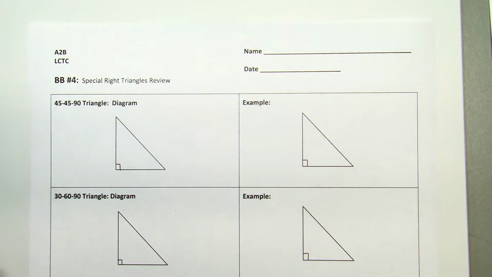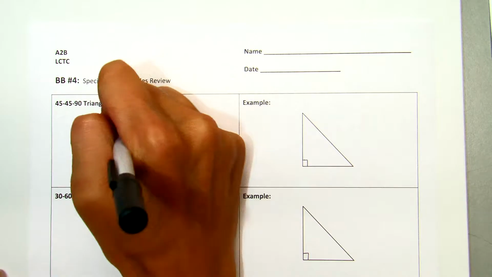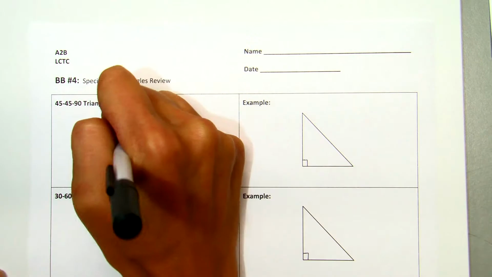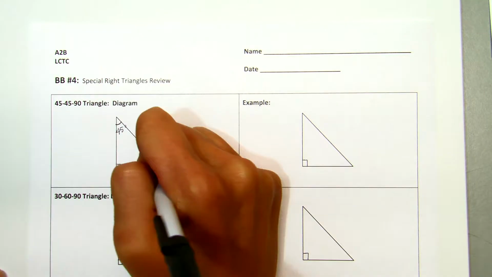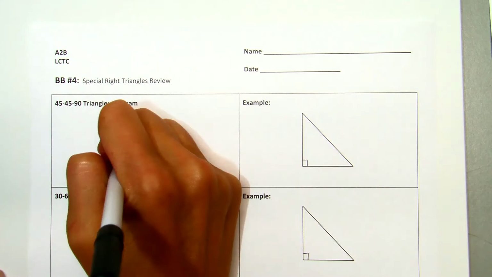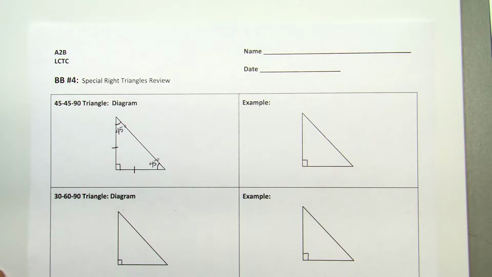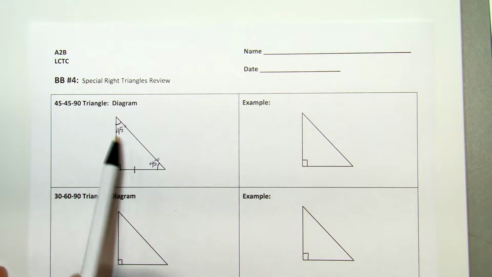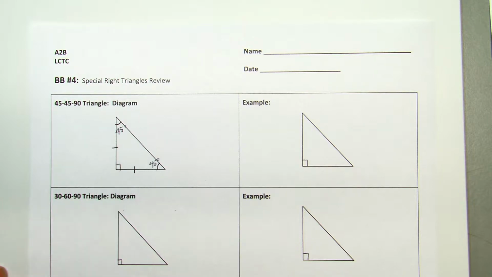What that is, these two angles are both 45 degrees, which means that these two sides are going to be the same length. Because your two interior angles other than the 90 degrees are both the same measurement, your two sides that form the 90 degrees are going to be the same length.